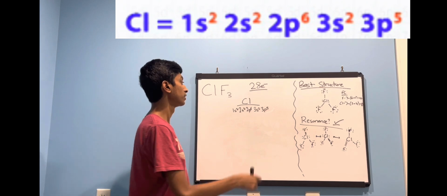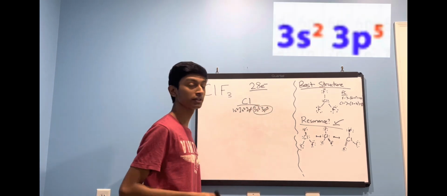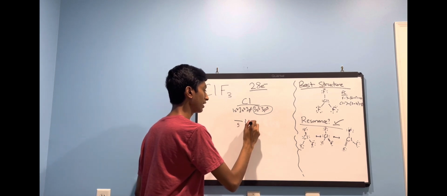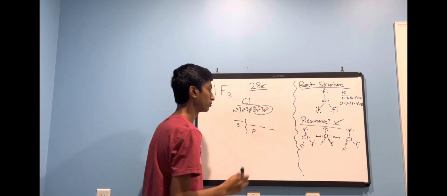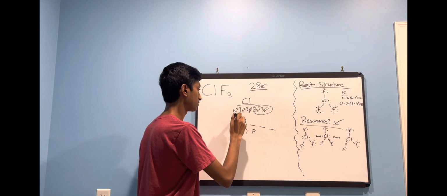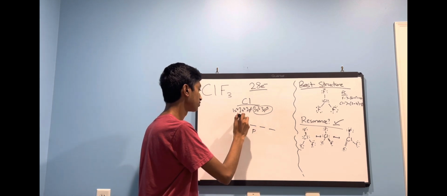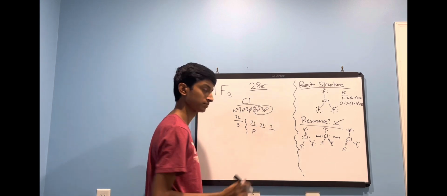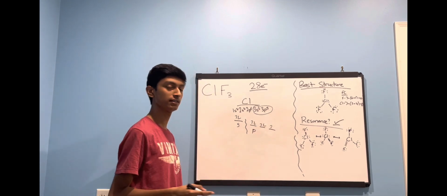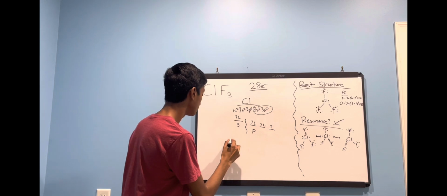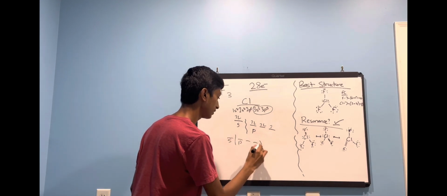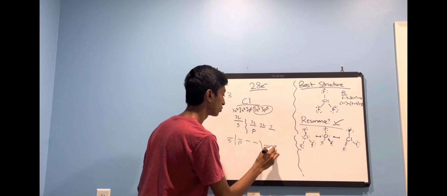Now we're going to find the hybridization of chlorine, and we're doing chlorine because it's the central atom, so we're only interested in this last part here. We have our s orbital, and then we have our p orbital. Chlorine's last part is 3s2 and 3p5, so 1, 2, 3, 4, 5. Now, to find the hybridization, we do the same thing down here, and now we have the d orbital.